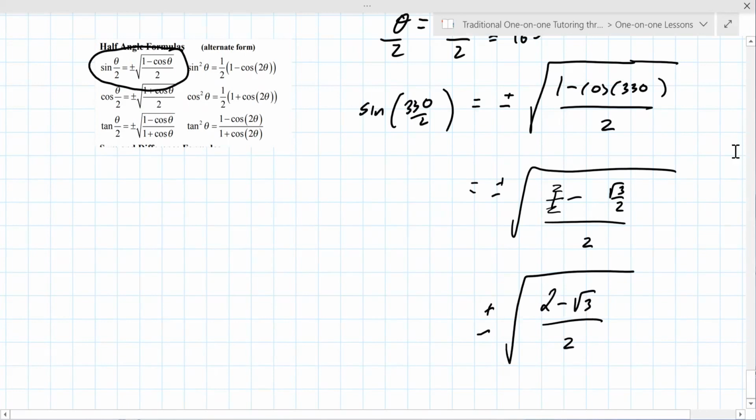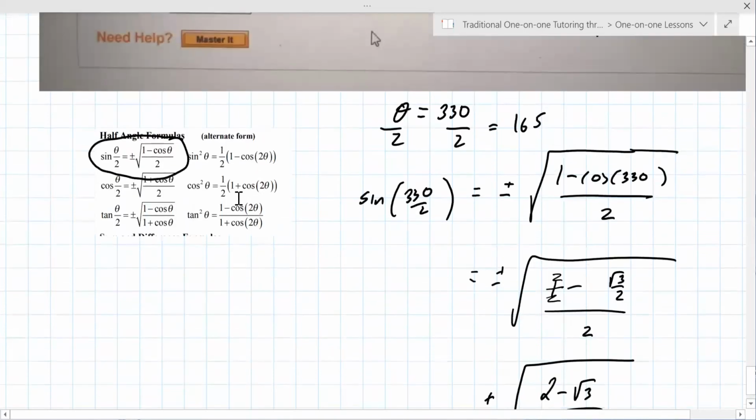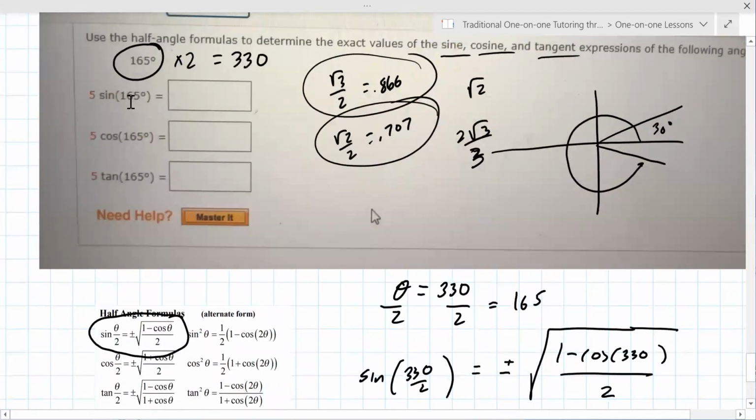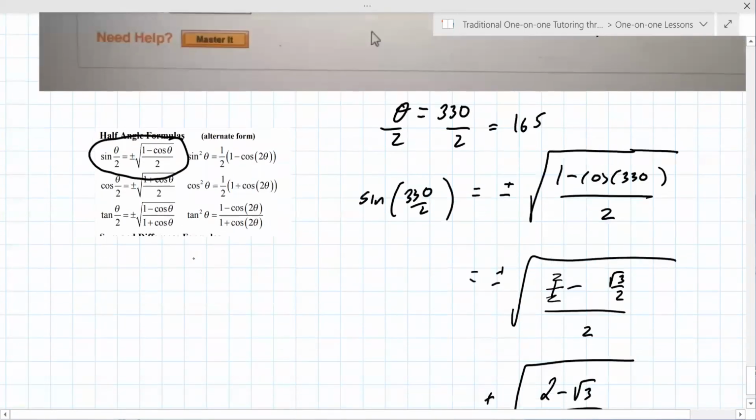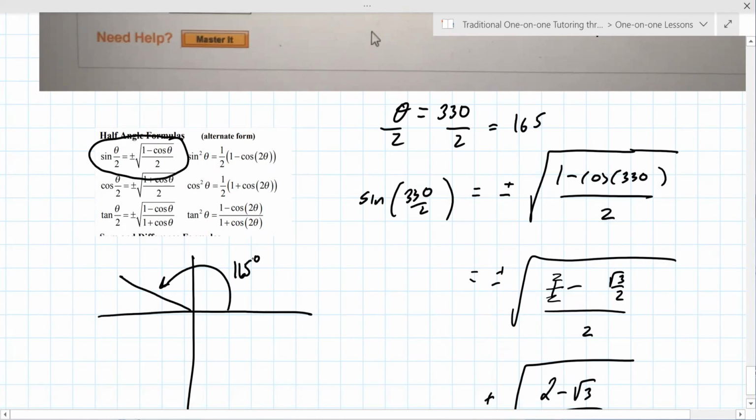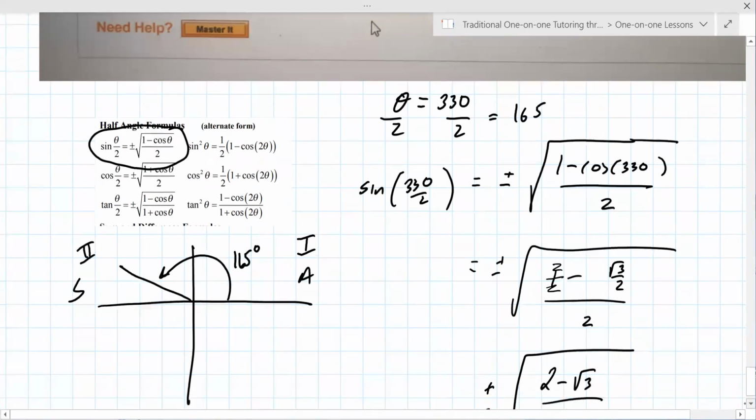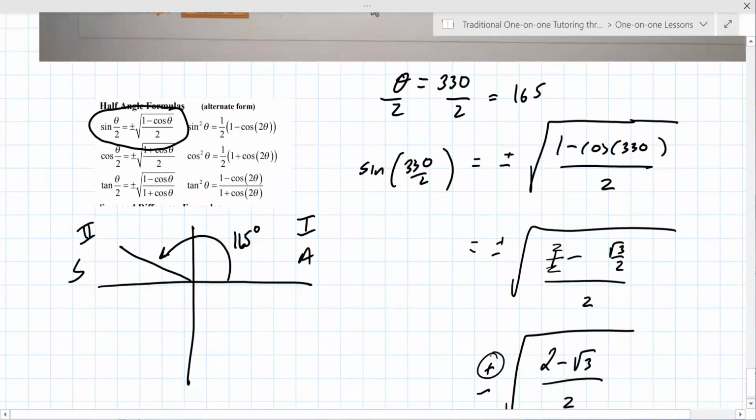The way you figure out whether it's plus or minus is you go back to the original angle, which is where you are, and you figure out which quadrant you're in. Which quadrant is 165 in? Quadrant 2. So there you know that sine is positive. So we would choose the positive here on this one.